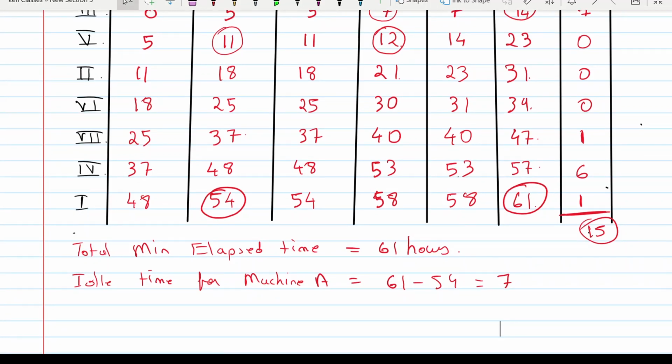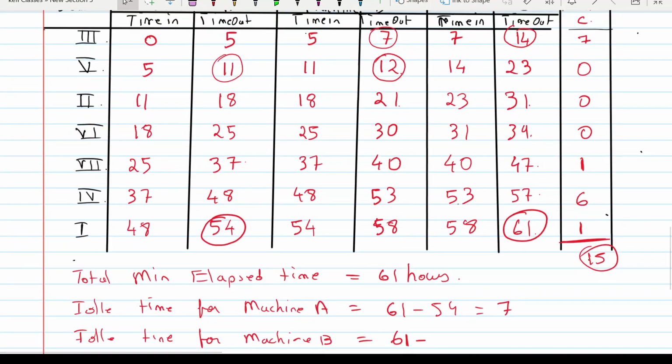Idle time for machine B. Machine B. So 61 is the total time. We can do it in two ways. हम लोग दोनों देख लेंगे. Okay. So हम लोग ऐसे भी देख सकते हैं. इधर 5 हो रहा है. 5, right? 5.